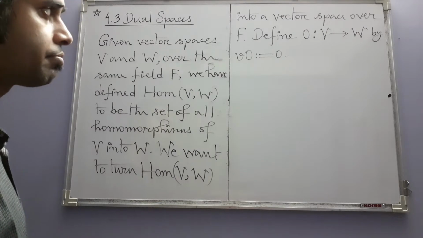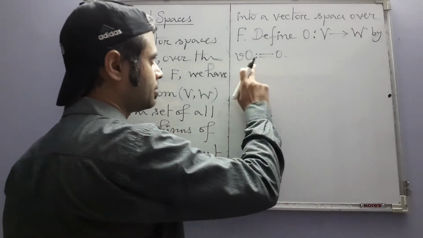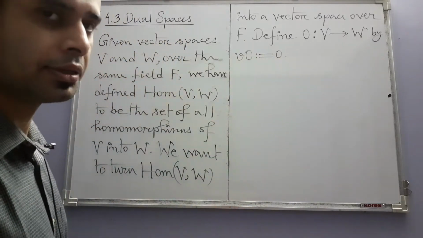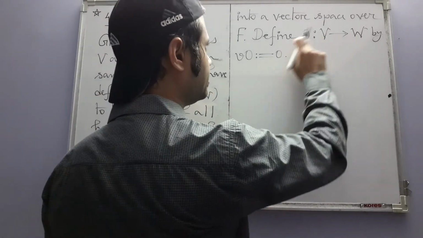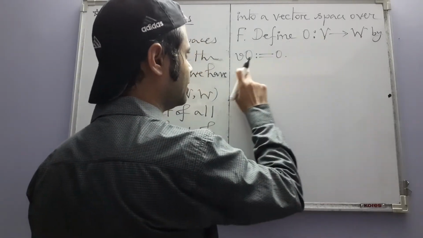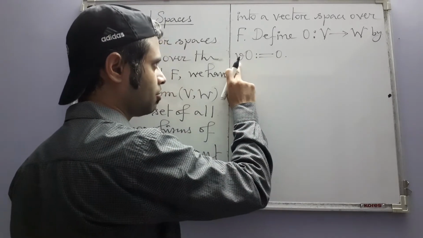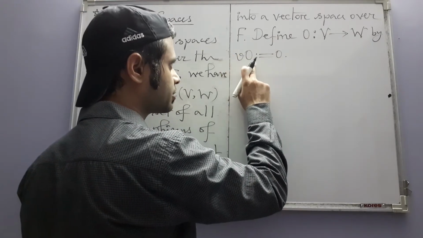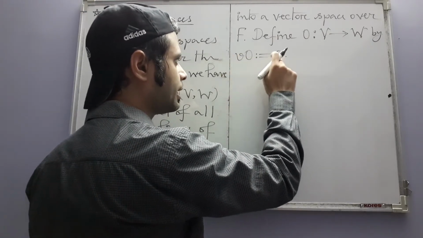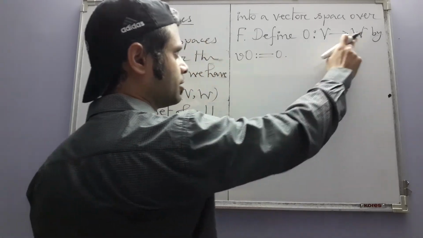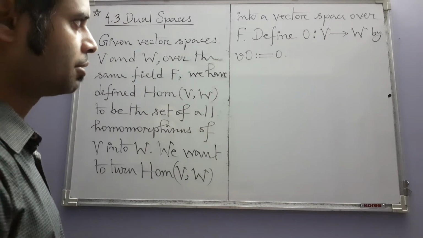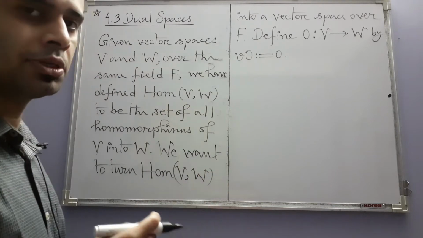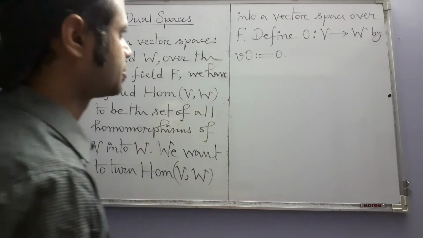Okay, so note carefully that we are using the same symbol to denote different things. First of all, we are calling a function 0. Fine, and the definition of the function is this, where this small v of course is coming from the domain, and the image of small v under this function is defined to be equal to 0, and this 0 is the 0 vector in the space W. Okay, but in spite of using the same symbol, you can of course understand which one is which from the use and from the context.